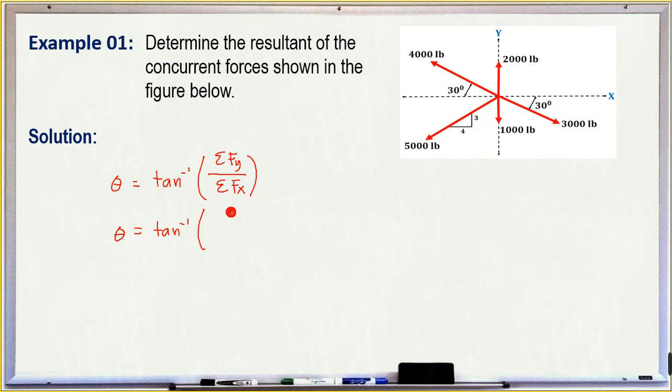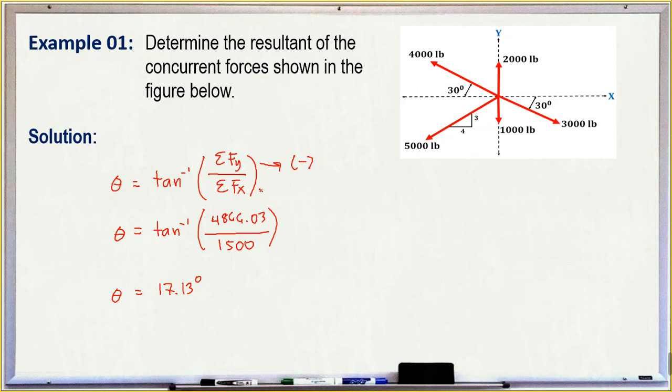You can neglect that so that we come up with a positive angle. However, later on we will interpret what those signs indicate. So our Fy again is 4,866.03 and our Fx is 1,500. So we get a theta of 17.13 degrees.